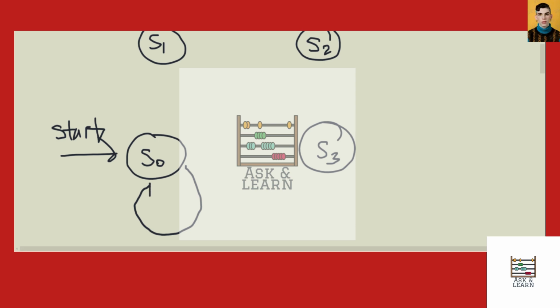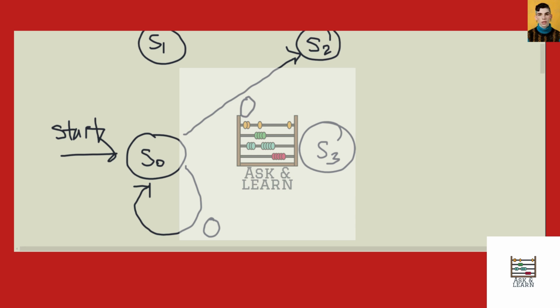And moreover, with state S0 as we have G of S0 is 0, so we're going to label this with a 0. Also, if we input a 1 at state S0, then we move to state S2. And again, we're going to label this edge with a 0 because G of S0 is 0. It's the output from that state.